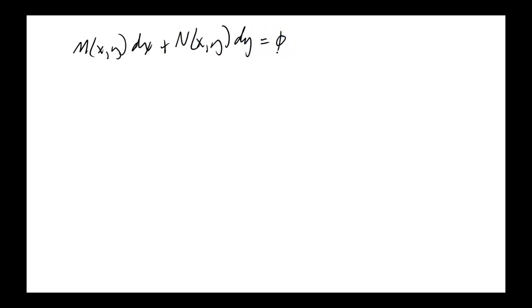Now the key is equal to 0, okay? It said by applying a simple test to the coefficients M and N, we can determine whether this form is a differential of a function f of xy. If the answer is yes, then we can construct f by partial integration.